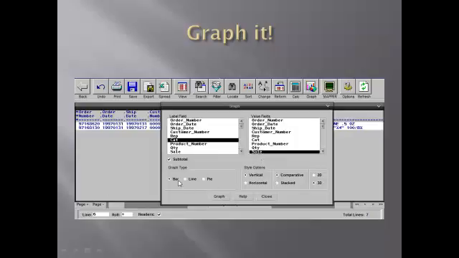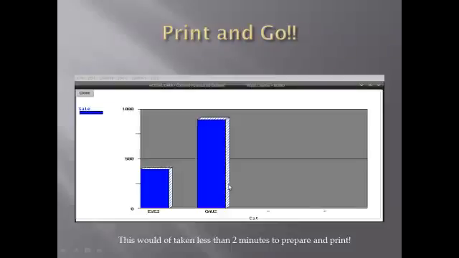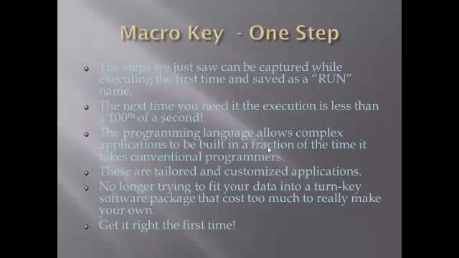And then we're going to do a bar chart, and clicking graph will produce the graphical result. And now we can print and go. This, by the way, would have taken less than 2 minutes to prepare and print once somebody understands the easy point-and-click functionality of these power tools.